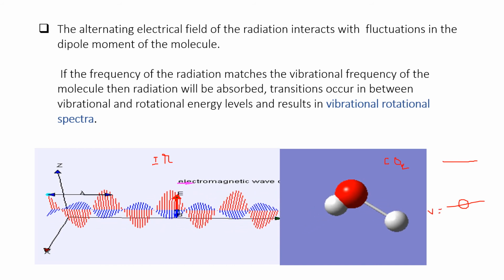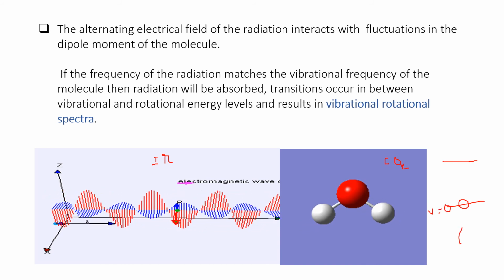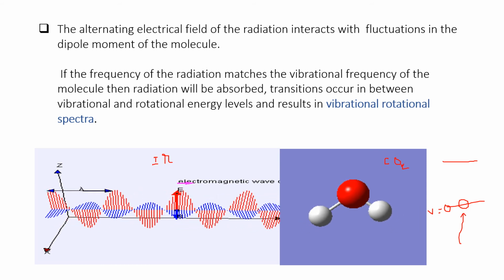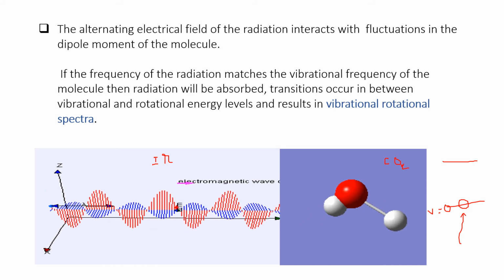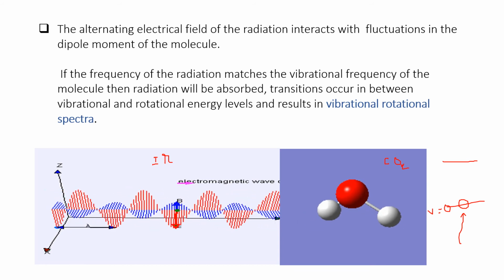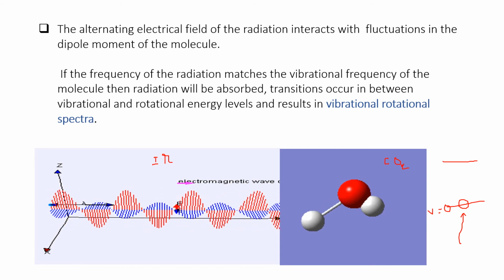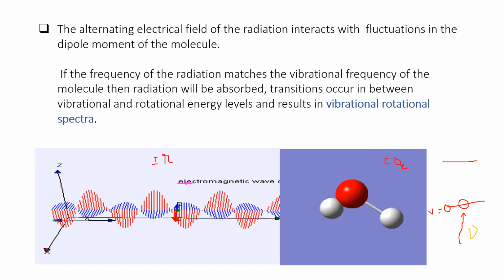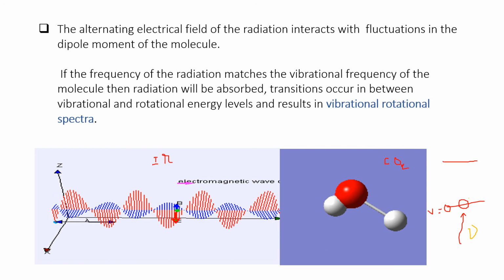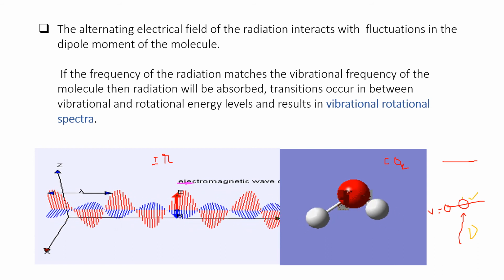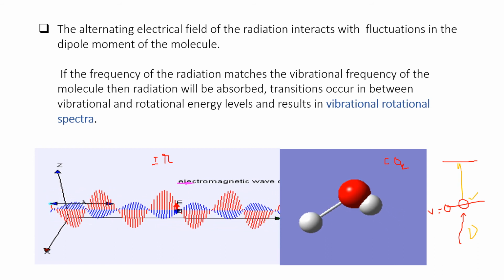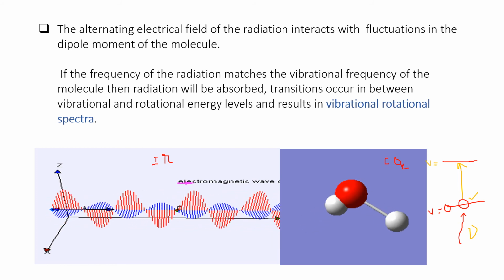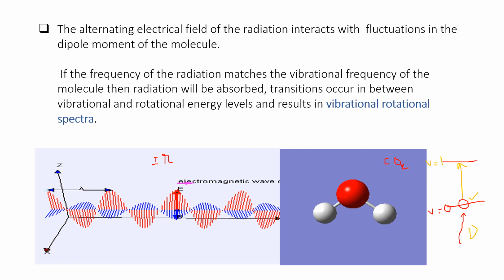When IR radiation is irradiated on the molecule, the alternating electric field of IR radiation will interact with the fluctuations of the dipole, and the frequency of the radiation matches the vibrational frequency of the molecule. Then there is a transition from the V equal to 0 state to the V equal to 1 state. So this is how a vibrational transition occurs.